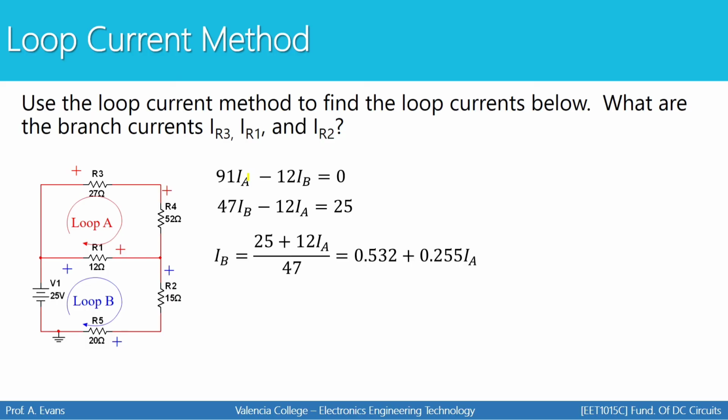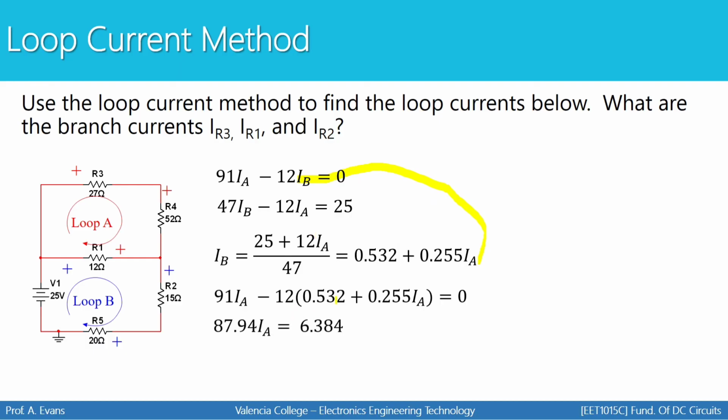So in this case, I picked the second equation and I solved it for IB. So 25 plus the 12 IA divided by the 47, and then simplify that. Now I have an expression for IB that I can go plug in right here. So I'm going to distribute the 12 and simplify.